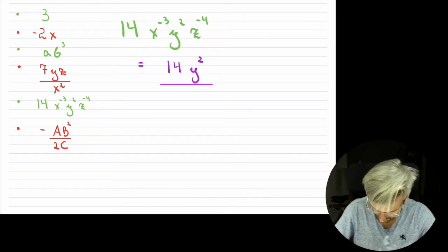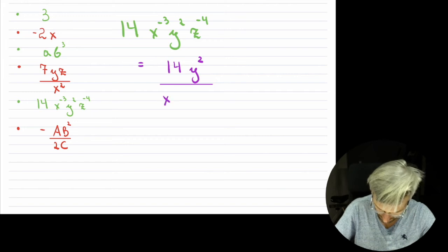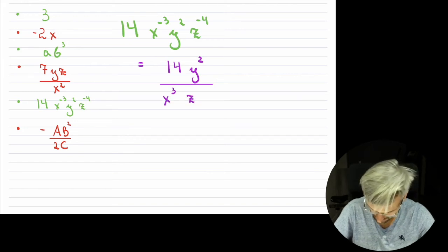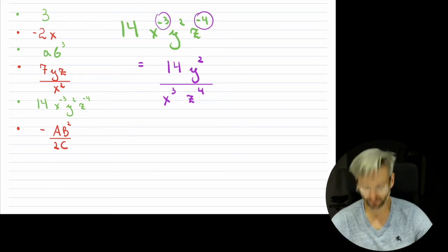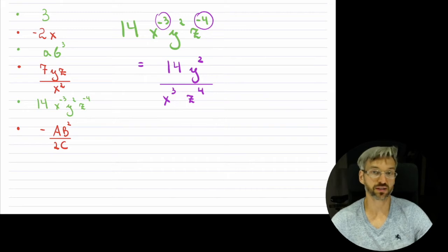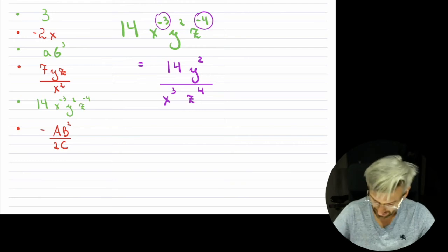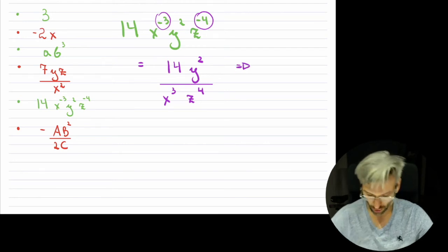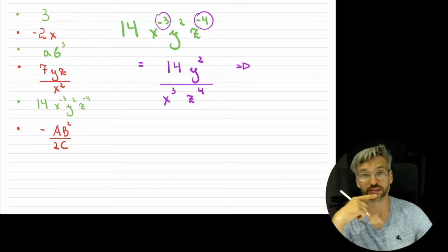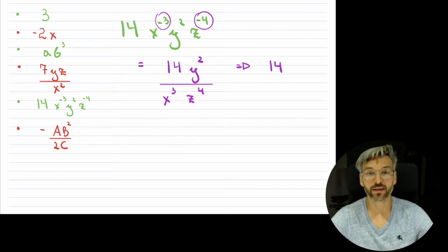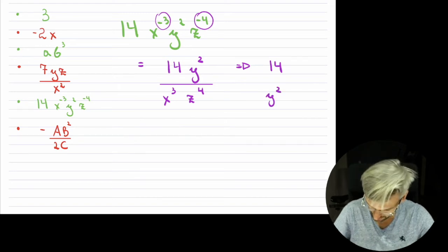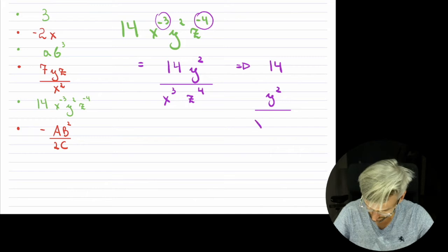So I can rewrite this, and this would be x cubed, and this would be z to the 4. So the negative exponents will move down to the denominator by using the exponent law for negatives. So now all my exponents are positive. And now I can say, all right, my coefficient, on top I have 14. At the bottom it's 1, so my coefficient really is just 14. And then I have y squared all over x cubed z to the 4.